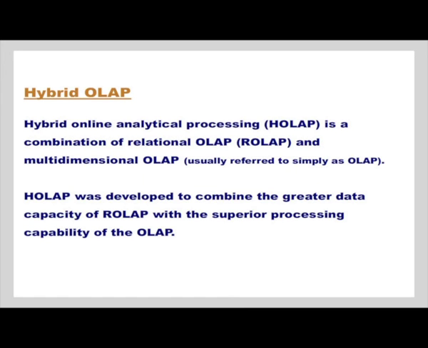Hybrid online analytical processing (HOLAP) is a combination of relational OLAP and multidimensional OLAP, usually referred to simply as OLAP. HOLAP was developed to combine the greater data capacity of ROLAP with the superior processing capability of OLAP.